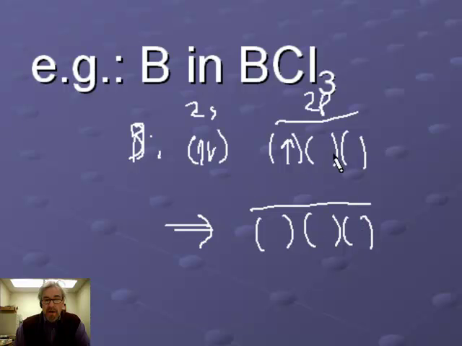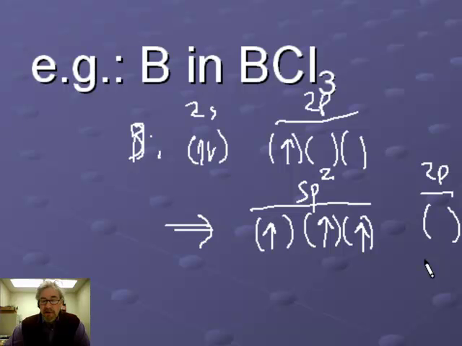This is called sp2 because it's made from one s and two p's. And then that leaves us with one unhybridized 2p orbital. The three electrons in boron are now going to occupy the three sp2 hybrid orbitals so that they can maximize overlap and actually make these bonds with the chlorine atoms on the outside. The 2p here is empty.